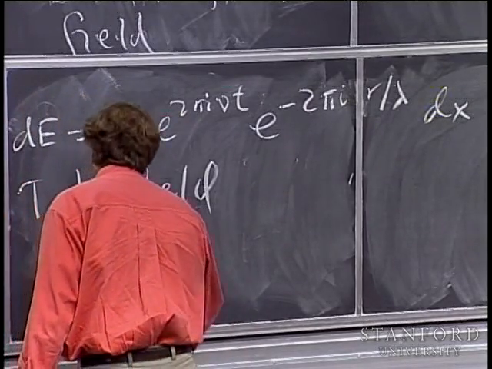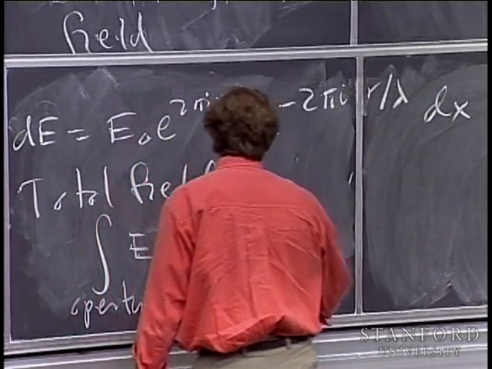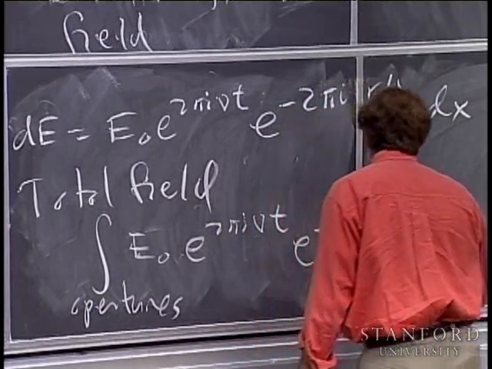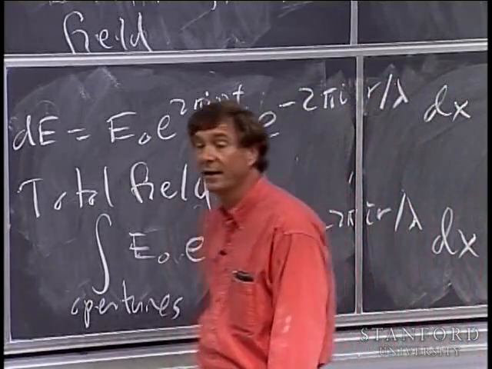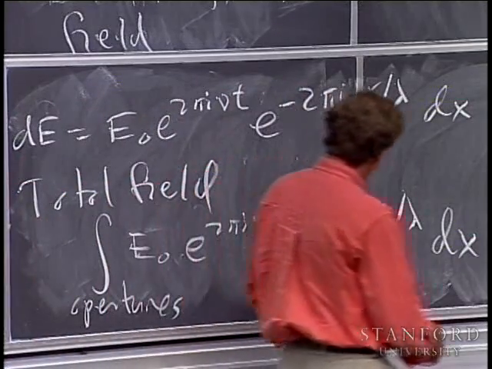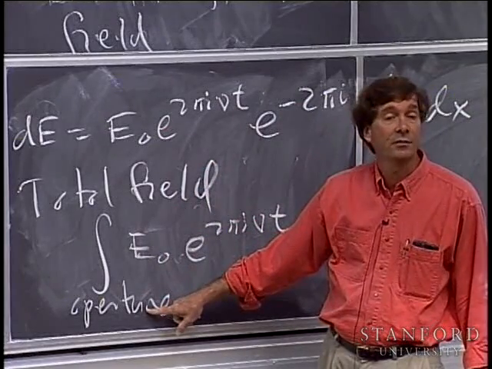E naught times e to the 2 pi i nu t, e to the minus 2 pi i r over lambda dx. So I'm integrating over the aperture plane. I'm integrating with respect to x. X is the variable that describes the location on the aperture plane. So I could just say aperture. I'm really thinking about integrating over the aperture plane.